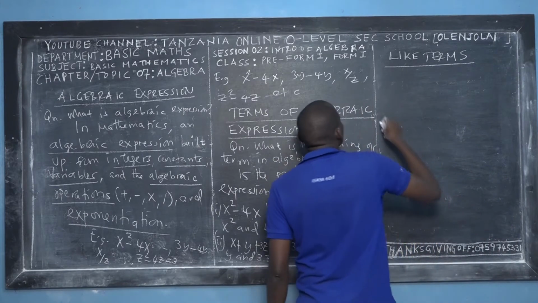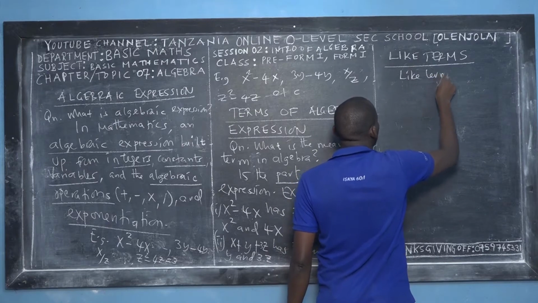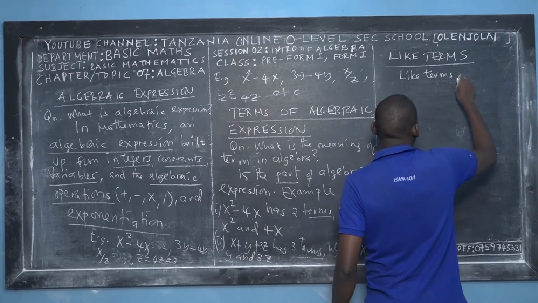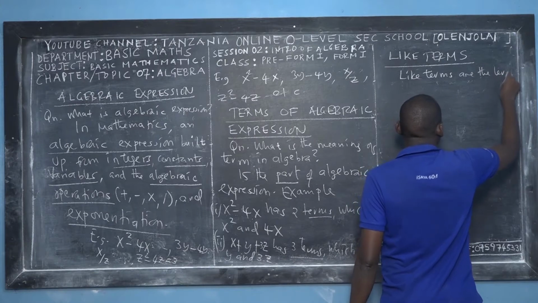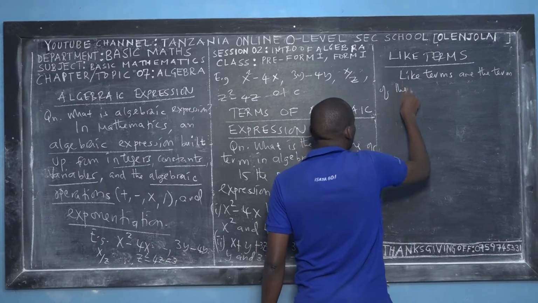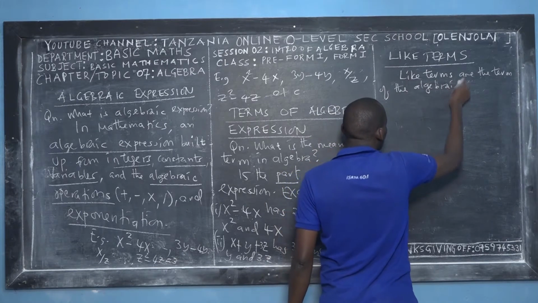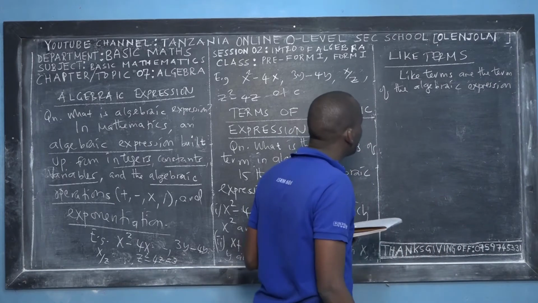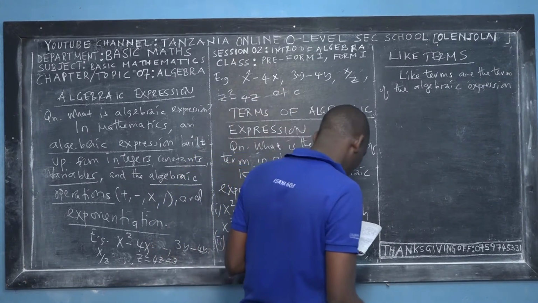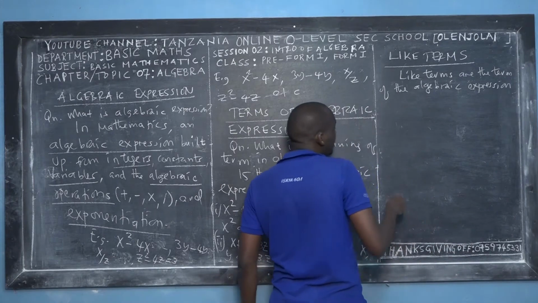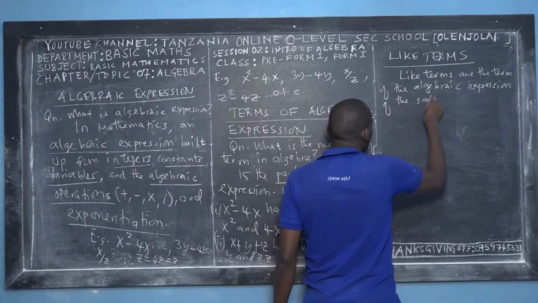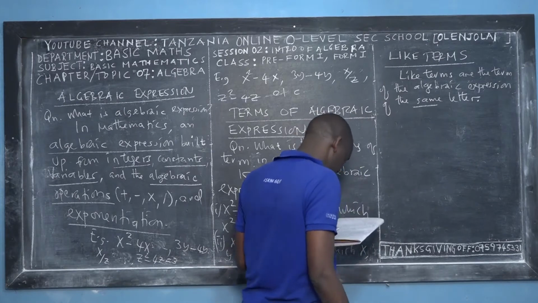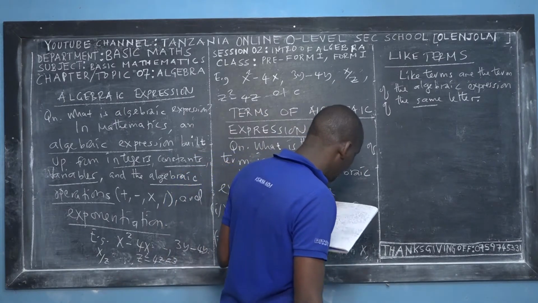So we say that like terms, from one of the definitions, are the terms of an algebraic expression of the same letter or letters, right?